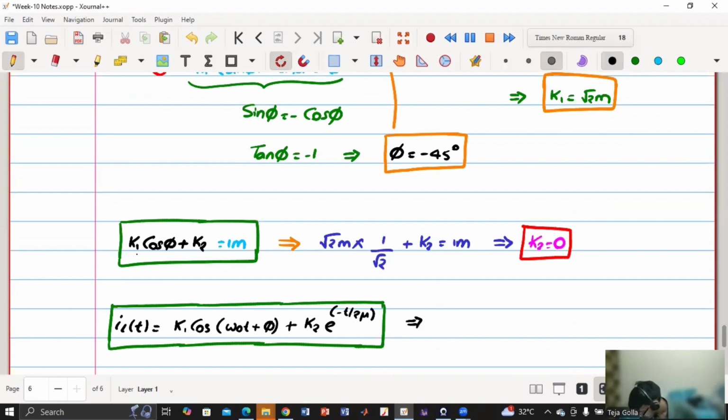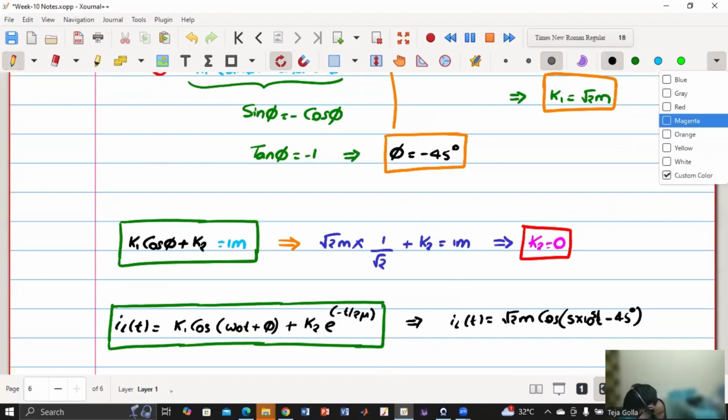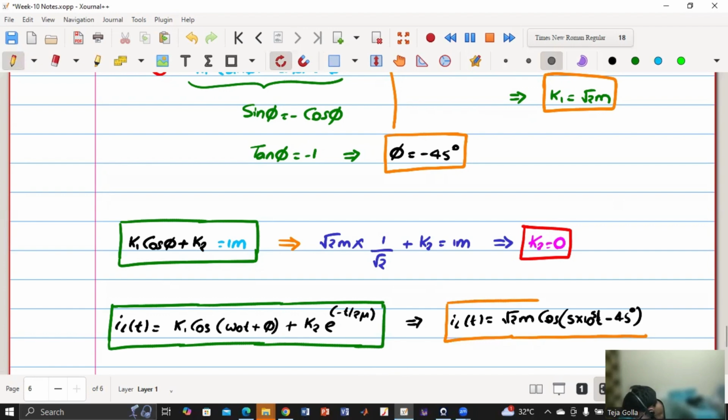I'll be getting IL of t is equal to K1, which is root 2 milli, into cos of omega naught t, which is 5 into 10 to the power 5 t, plus phi, which is minus 45 degrees. Is this clear? How we are getting IL of t? I have just substituted the values that I got. So I hope this should be clear. If you have any doubts, please let me know.